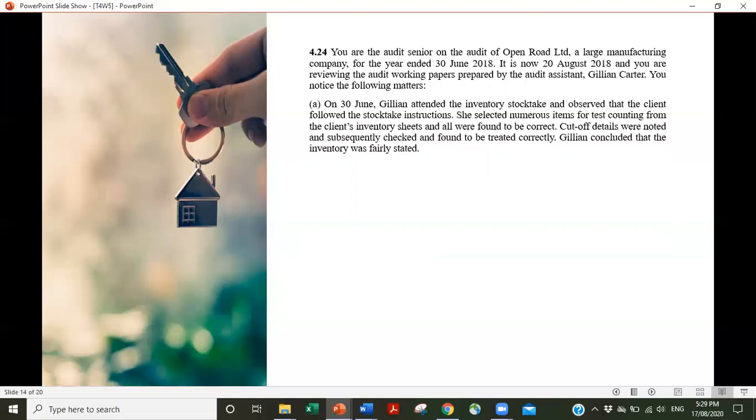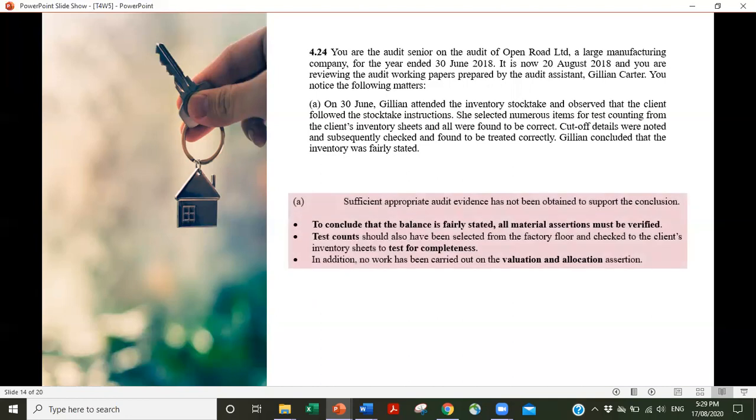Cut-off details were noted and subsequently checked and treated correctly, and she concluded that the information was stated fairly. So the question is: is there sufficient audit evidence in that case?